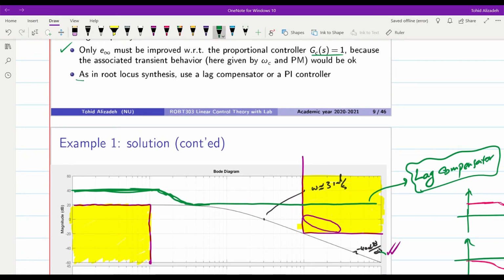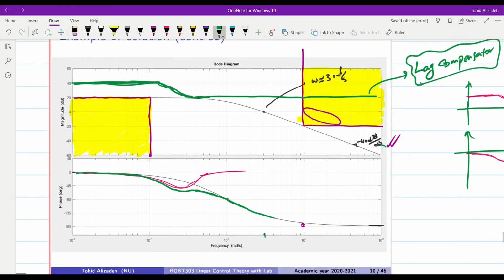And similar to the root locus approach synthesis of the controllers, we would need to use a lag or PI controller in order to improve the steady state error. And we are going to pick the lag compensator at the first step.